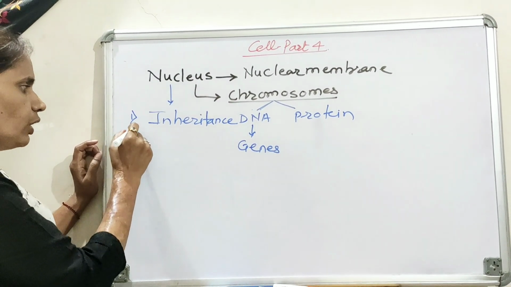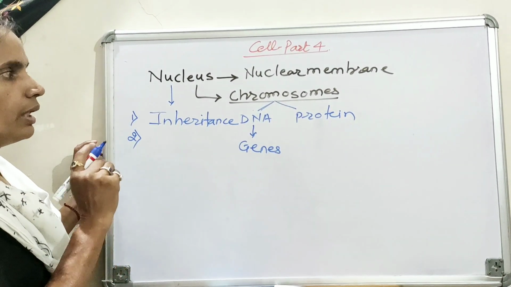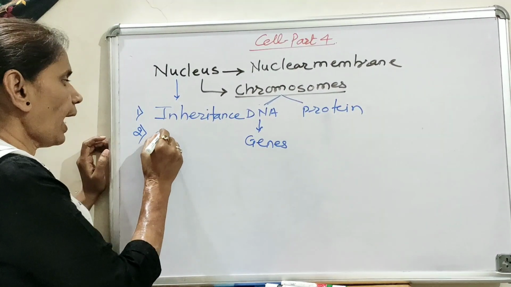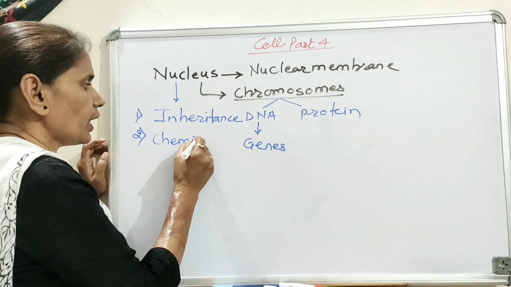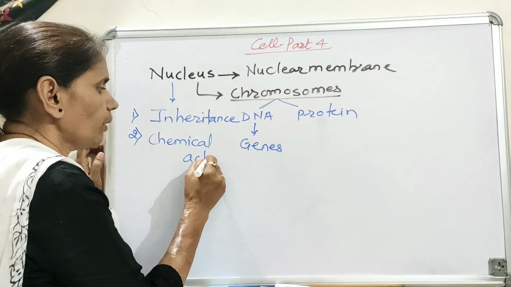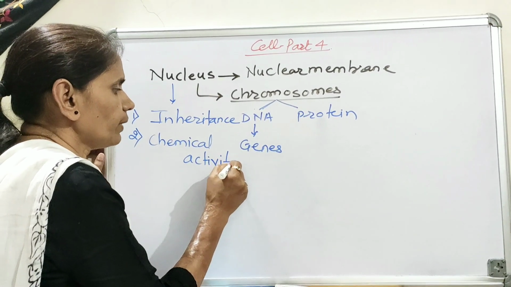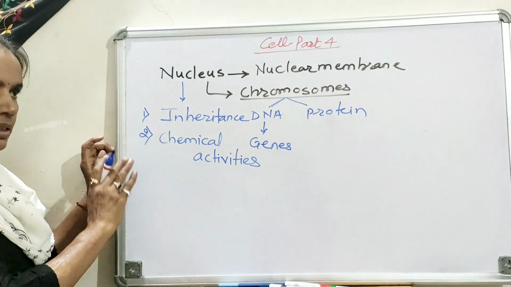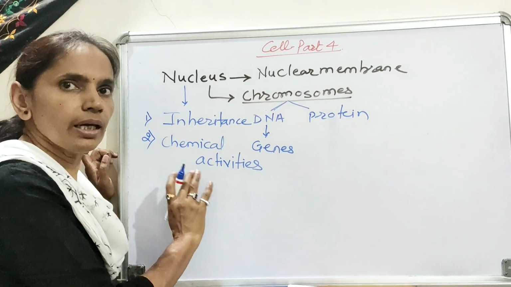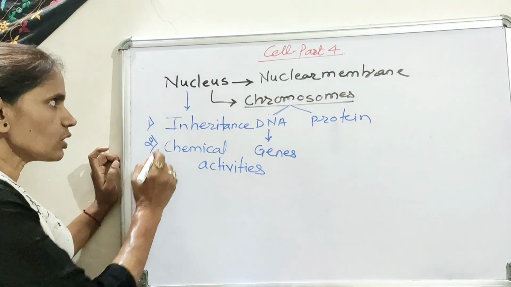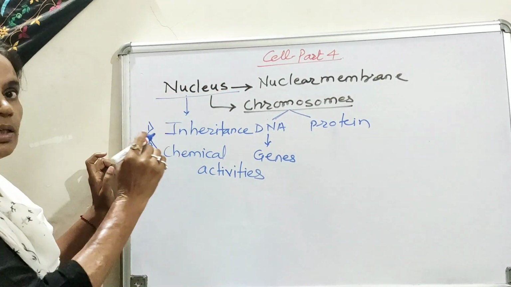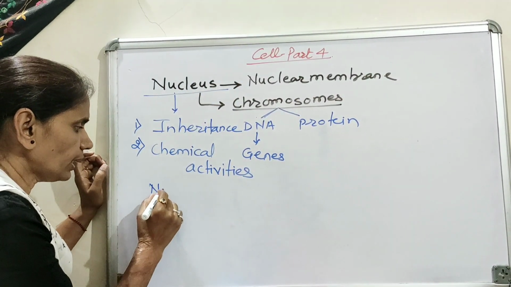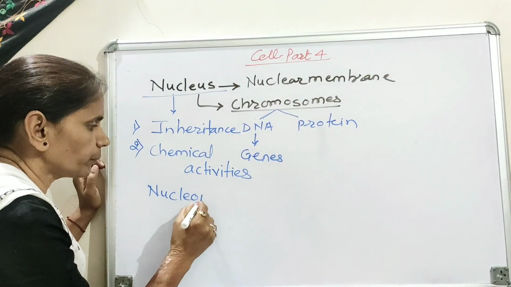Second one is the nucleus is having the important role in controlling the different chemical activities so that the cell will be able to survive in the different surrounding environments, as well as it will withstand the changes in the environment. But in case of prokaryotic cell, no such nuclear membrane is present, so the content is known as nucleoid.